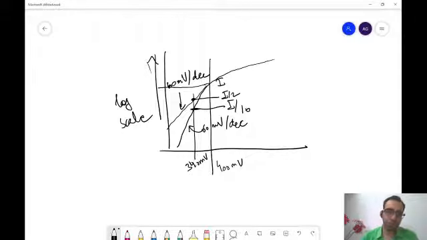Okay, let us look at it differently. In how many ways do you think VT, the threshold voltage of a device, is defined? And which is the most commonly used definition by the industry?